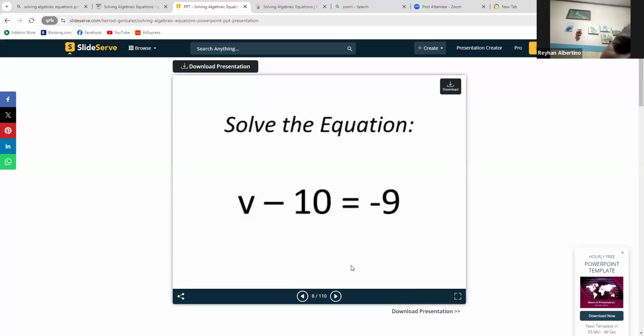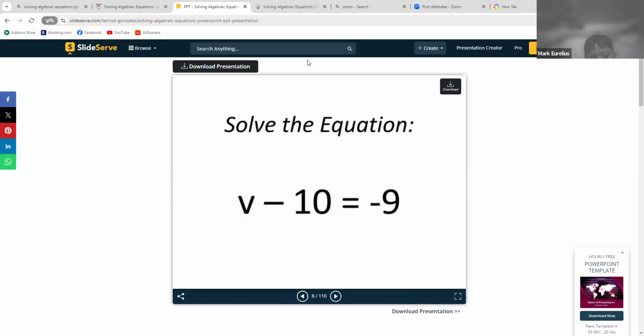Instead of X, we wrote V. By simply looking at it, you can get the value of V. Write it on the chat box. Anyone?